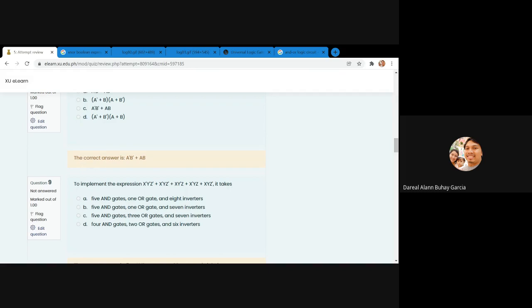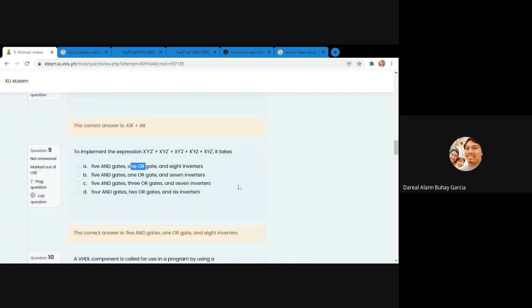So, kung SOP expression, maupod ang number of AND gates. 1, 2, 3, 4, 5. So, 5 AND gates, 1 OR gate, 5 input, o pila ka inverter. 1, 2, 3, 8 inverters.